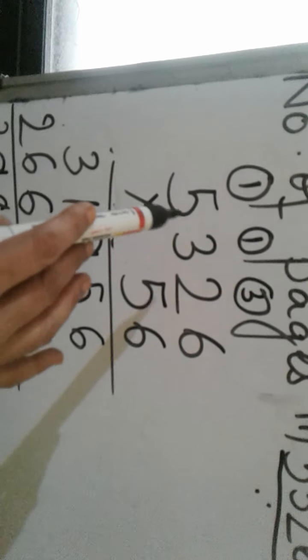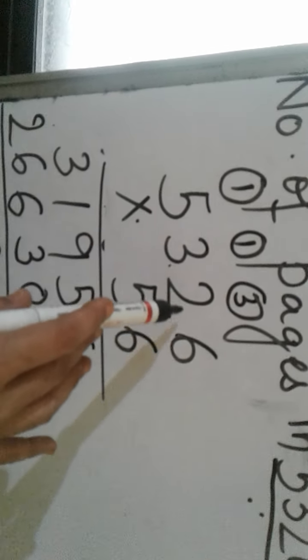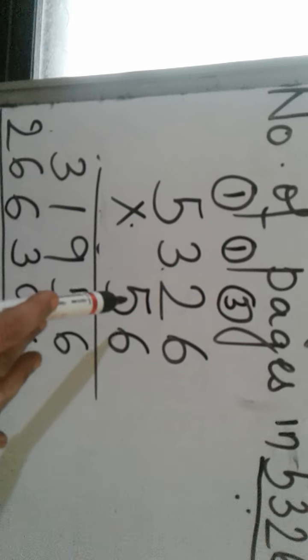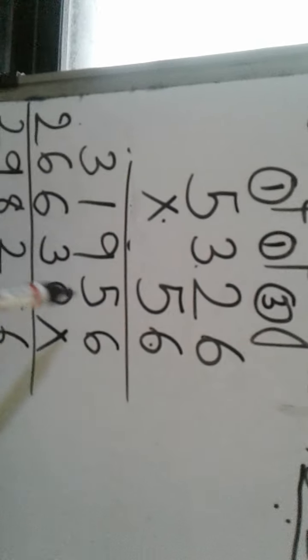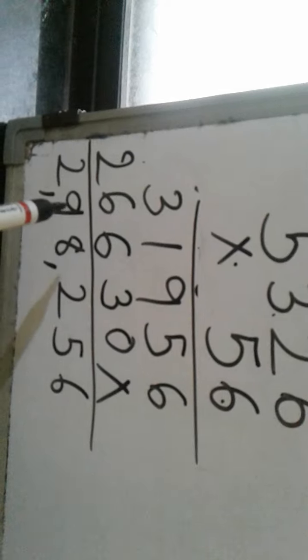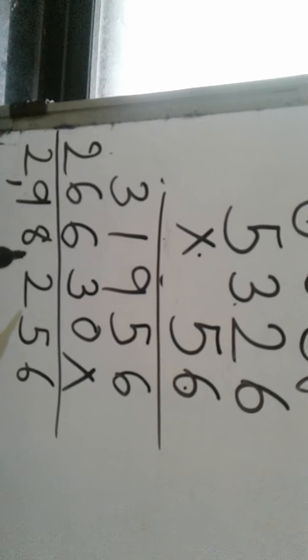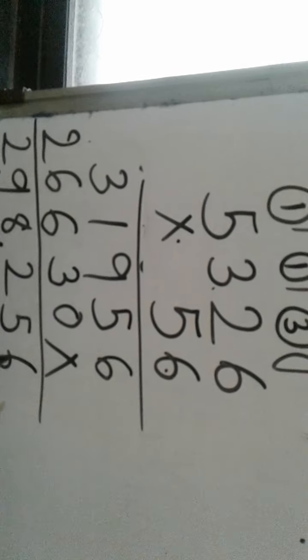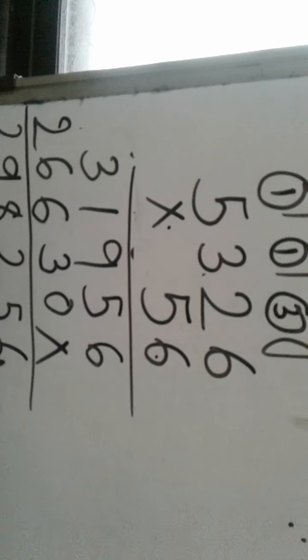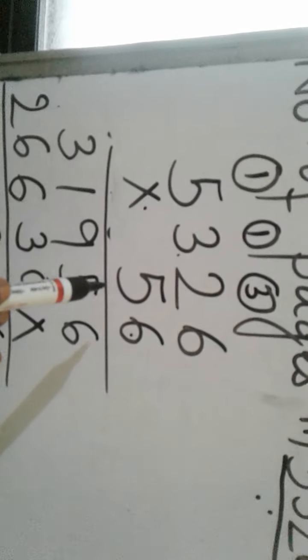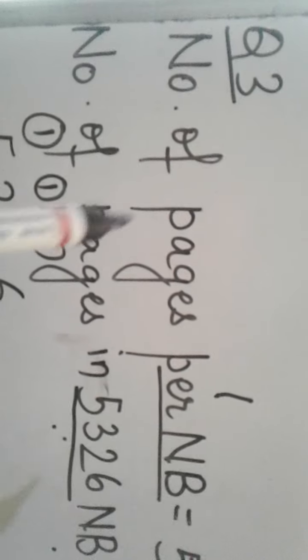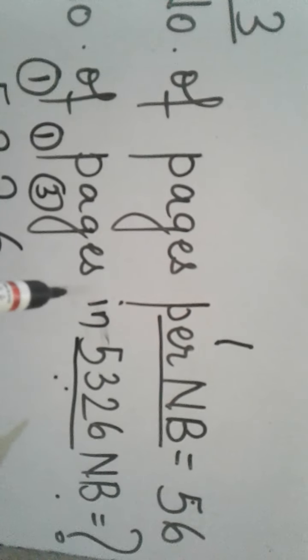So I have multiplied 5,326 by 56 and my result is 2,98,256. Okay, multiplication you have already learnt in previous classes. What is important here is to understand which operation to perform.